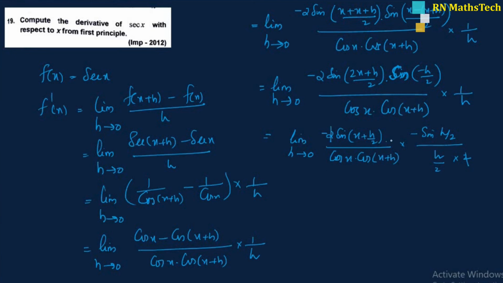Now the negative sign, so the final answer becomes positive. Taking the limit, the numerator is sin x by cos x into 1. Now 1 by cos x is sec x and sin x by cos x is tan x. So sec x tan x is the derivative of sec x.